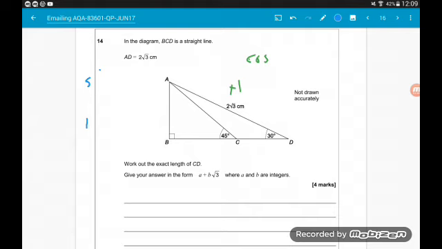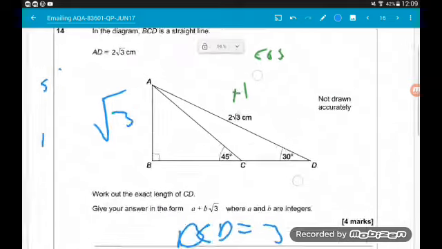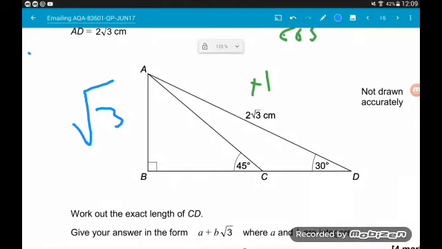that the whole base of this triangle BCD is 3. We now know the height is root 3. So what we can now do in this left hand triangle, we can work out the length BC, again using trigonometry.